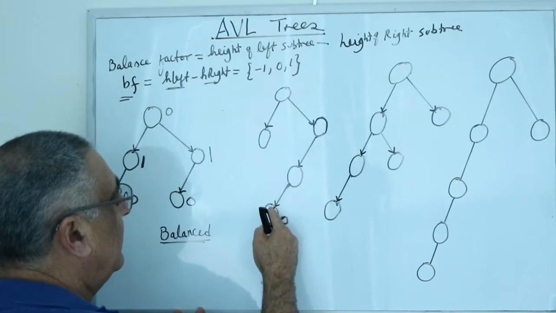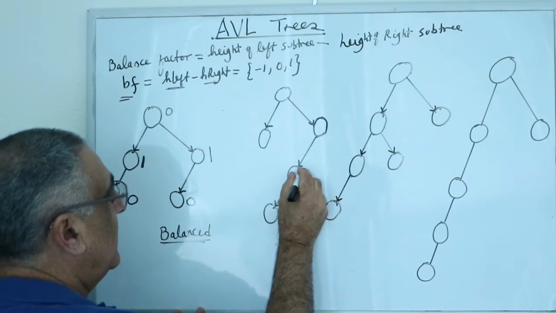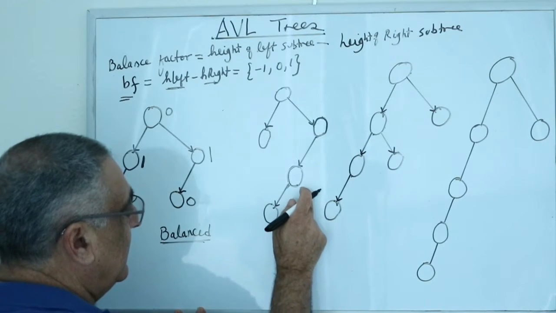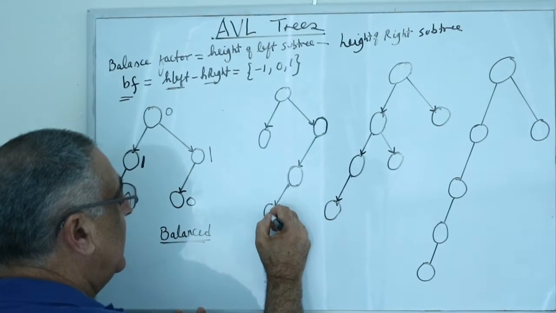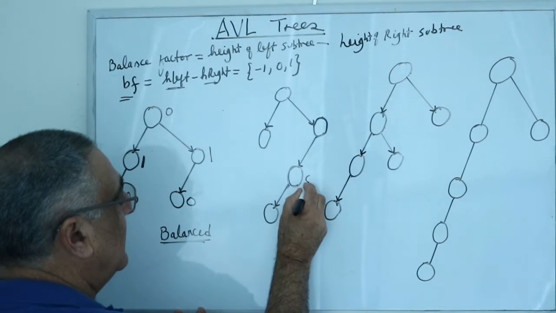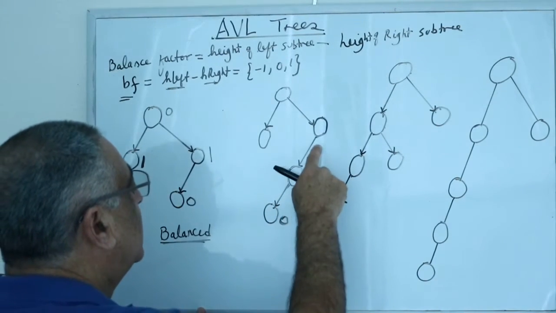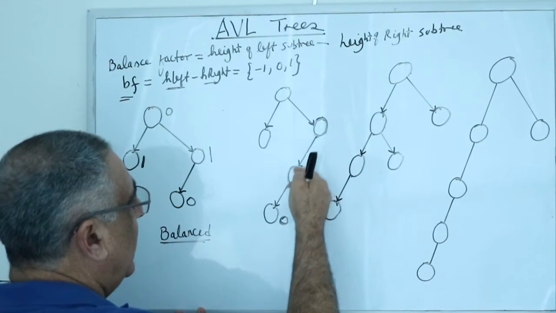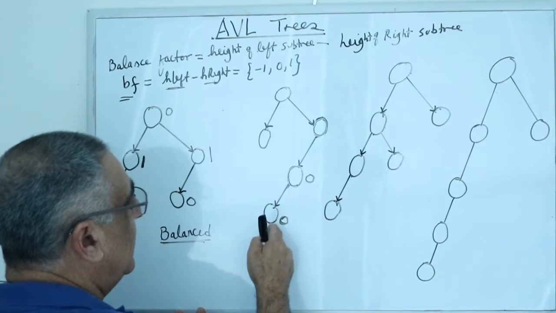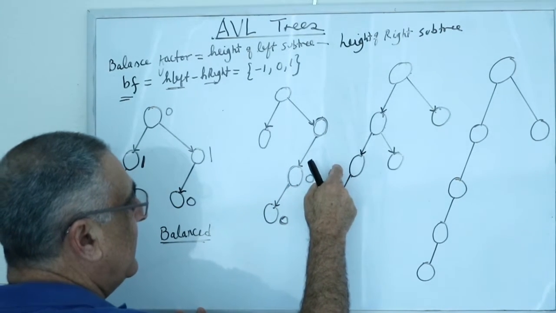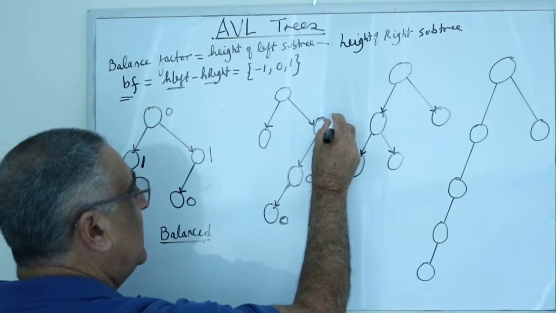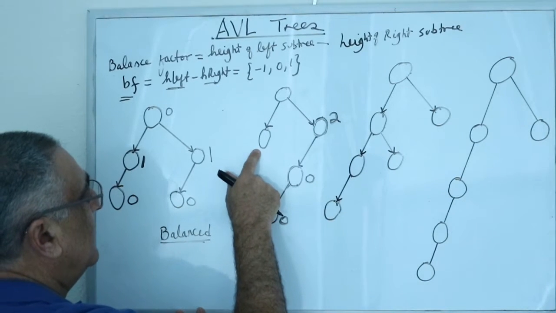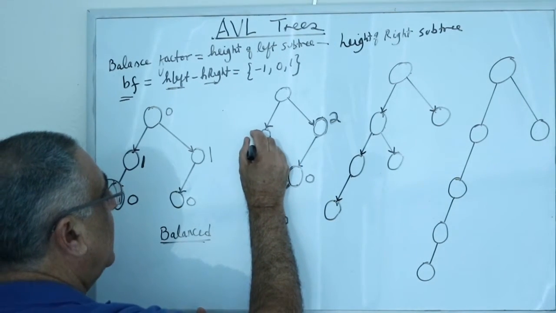The left subtree of this node here is 1, the right subtree is 0, so there is no right subtree, so 1 minus 0 is a 1. Now this node here, which is the root of this subtree, has a left subtree with depth 2, but the right is 0, so 2 minus 0 is 2. Now if I look at this one, 0 left subtree, 0 right subtree, that's a 0.